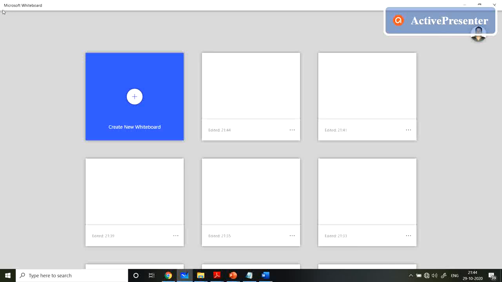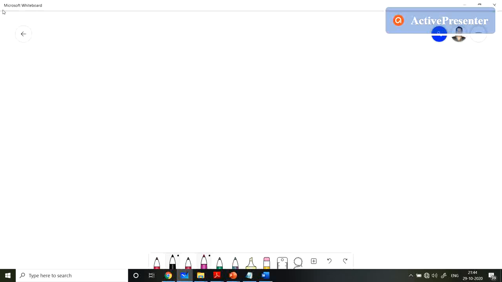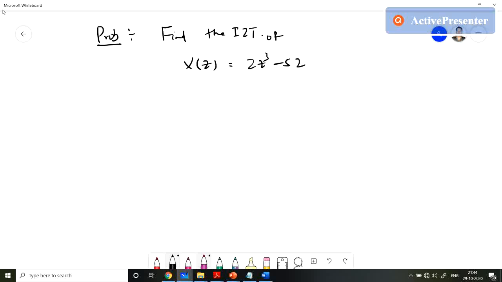Now let us do another problem. We can find the inverse z transform of X(z) equals 2z cube minus 5z square plus z plus 3, divided by (z minus 1)(z minus 2).